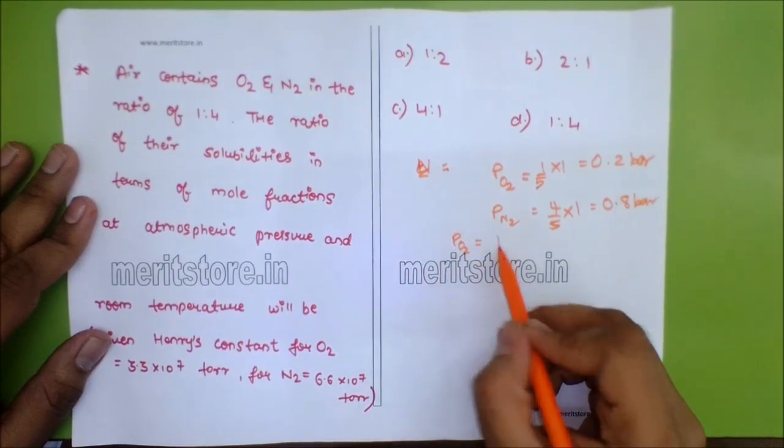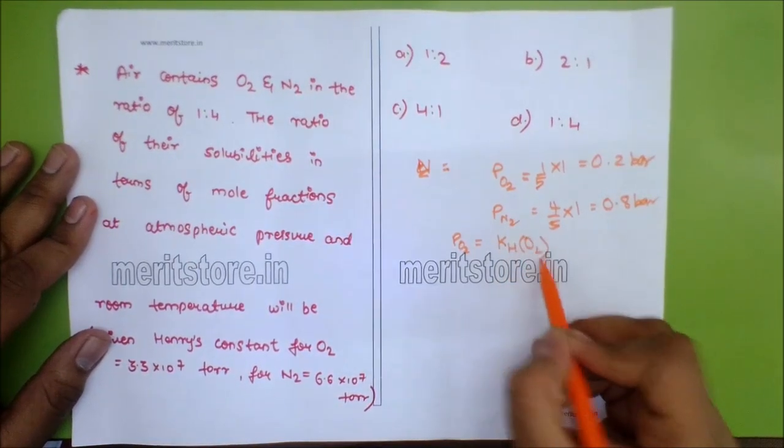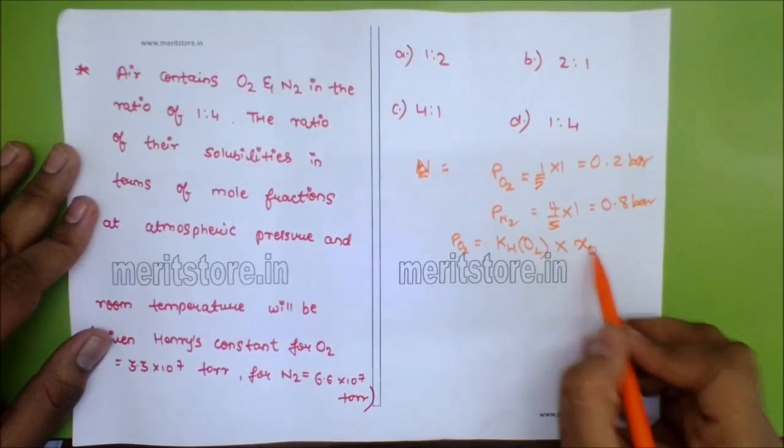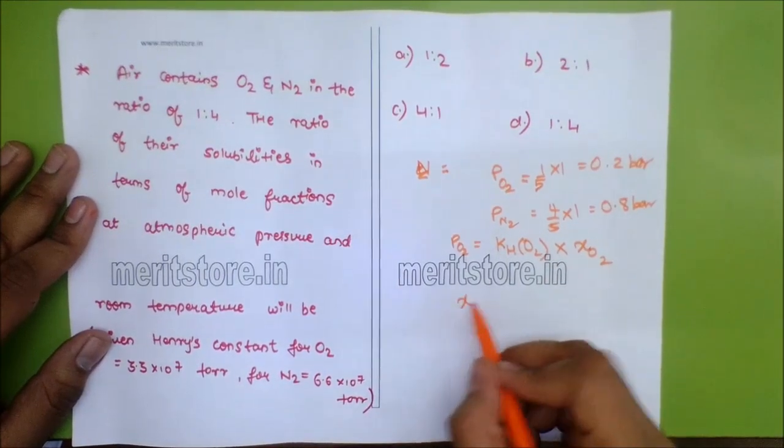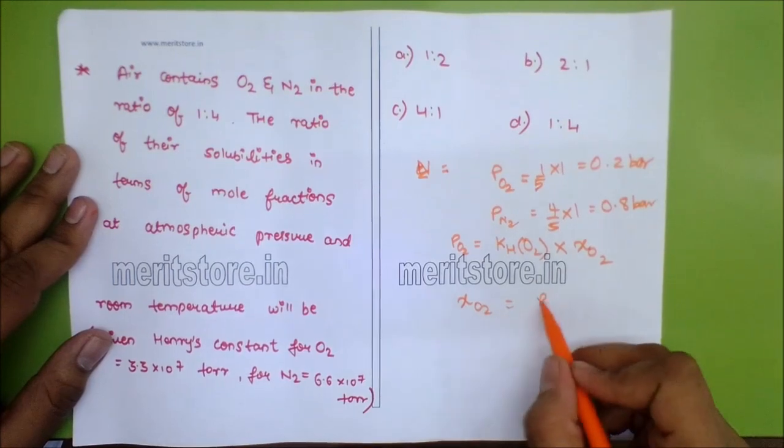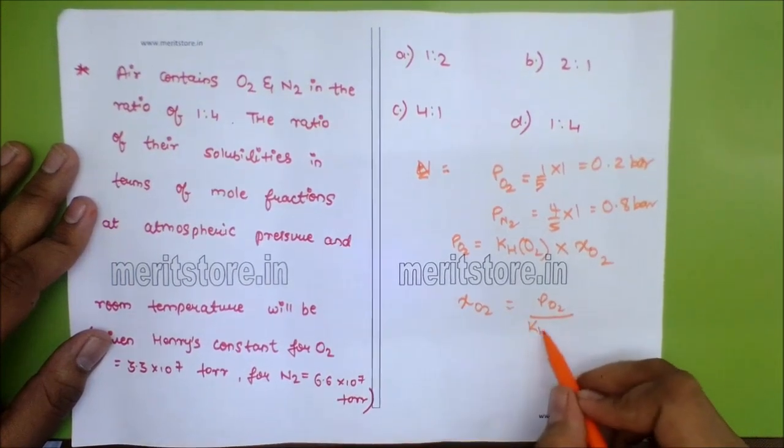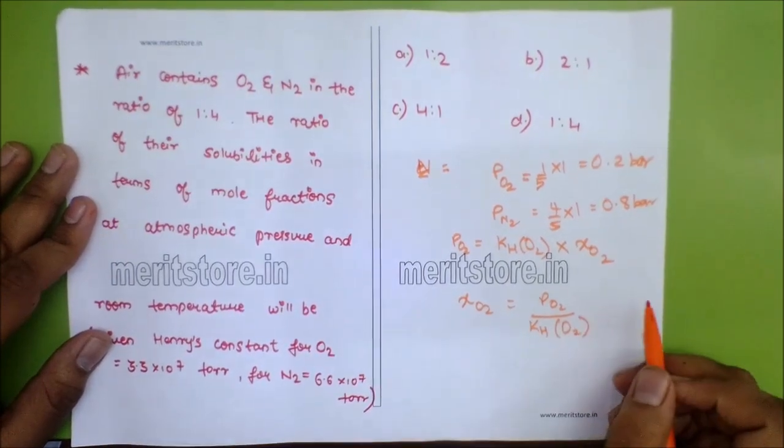P of O2 is Kh of O2 multiplied by mole fraction. So X of O2 is P of O2 upon Kh of O2.